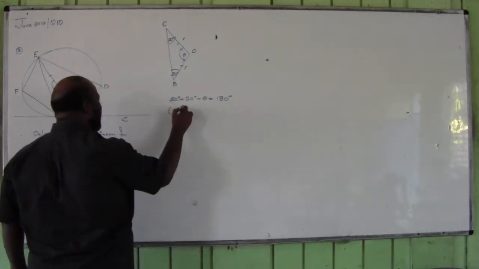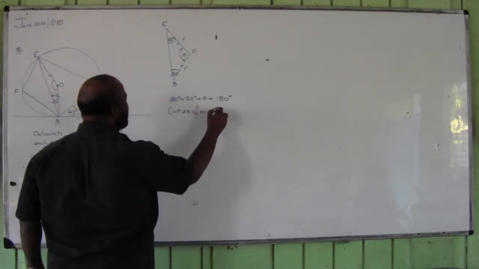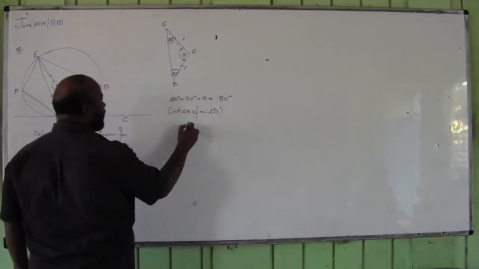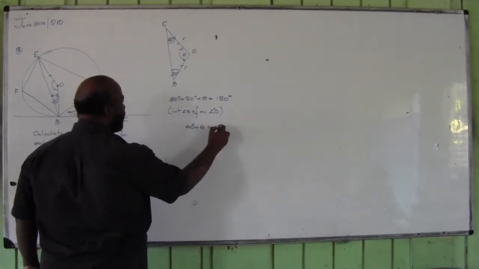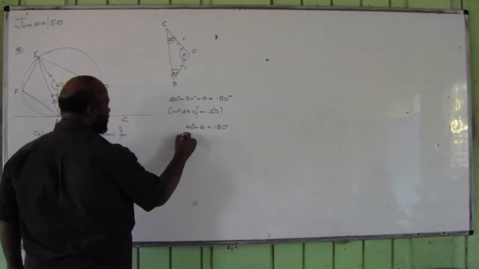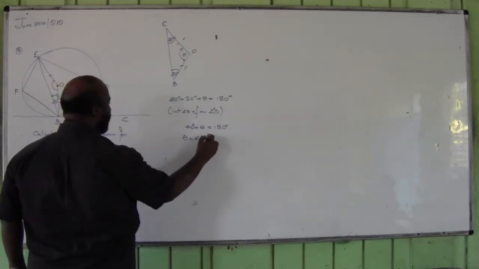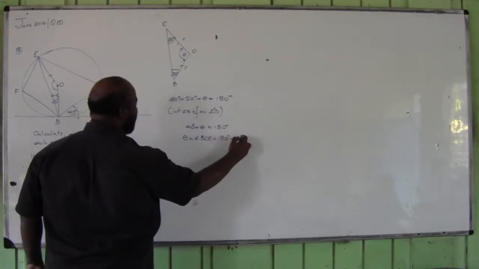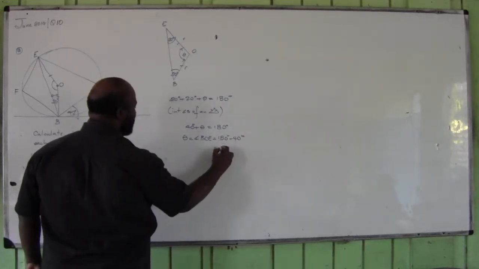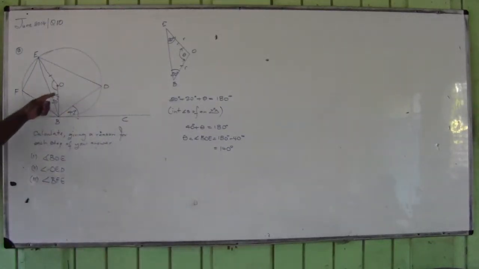They are the interior angles of an isosceles triangle. 40 plus theta is equal to 180. Theta, which is angle BOE, is equal to 180 minus 40. This angle is 140 degrees. The angle here is 140 degrees.